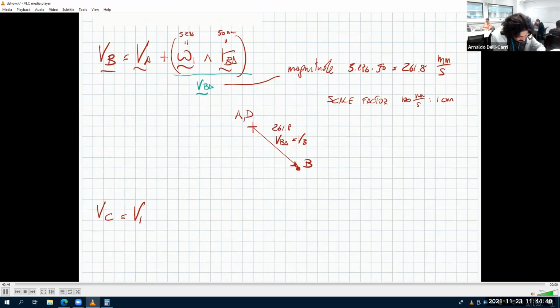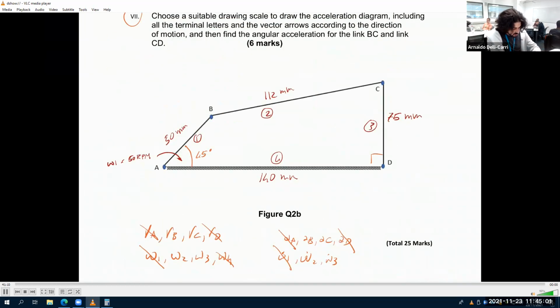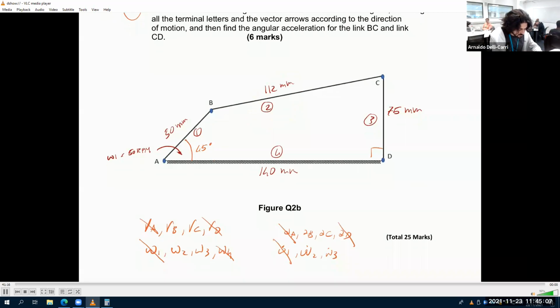Velocity of C is the velocity of B plus omega cross vector RCB. Which omega is this? Omega 2, because looking at the reference point B, they are both on link 2.